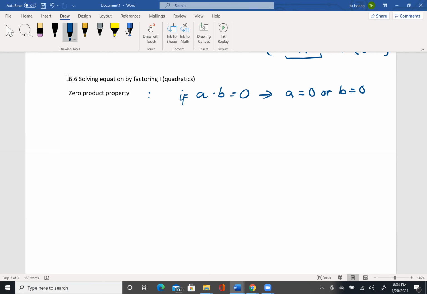So let's do an example. You have x plus 5 times x minus 3 equal to 0. Okay. That's gonna give me x plus 5 equal to 0 or x minus 3 equals 0.